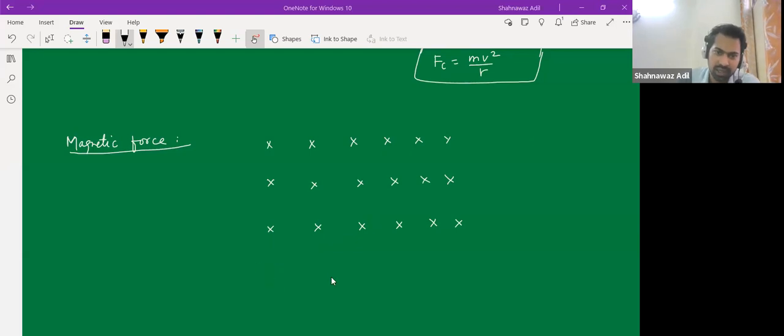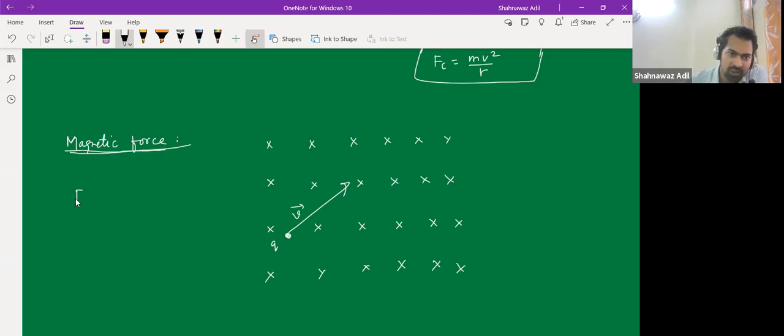Okay, and what is happening is that some charge is traveling. So we have this charge Q, and it is traveling with some velocity. So what is happening is that this charge will experience some force due to this magnetic field, and that is called the magnetic force, right?